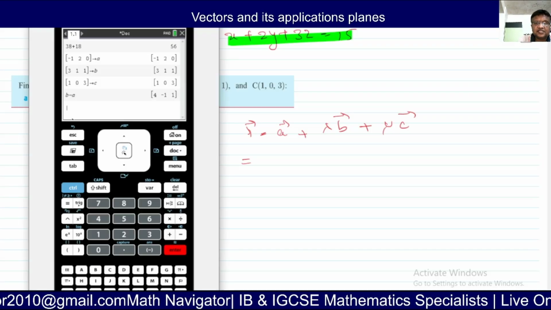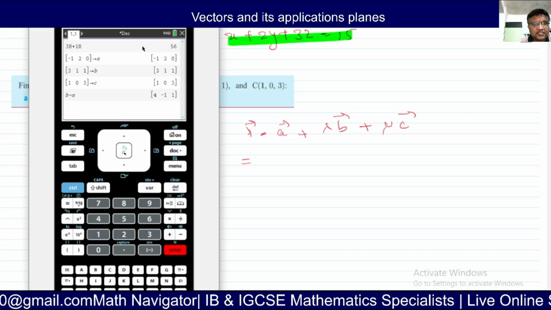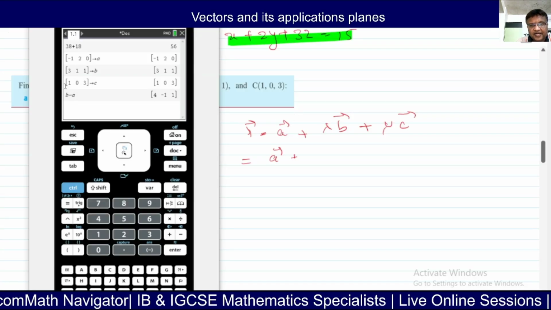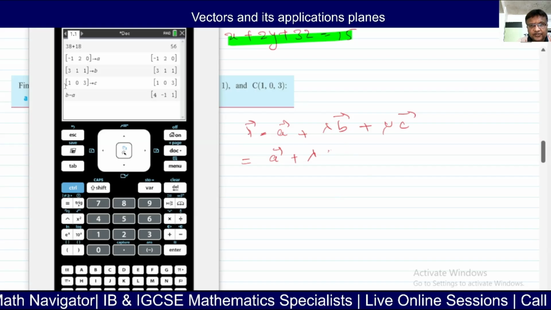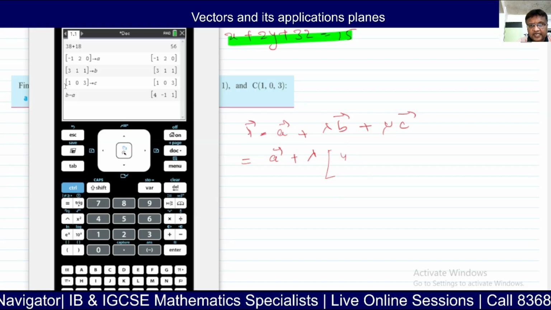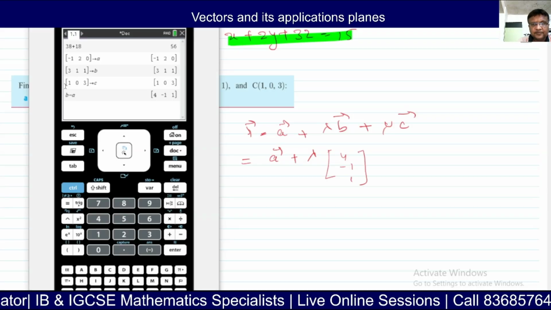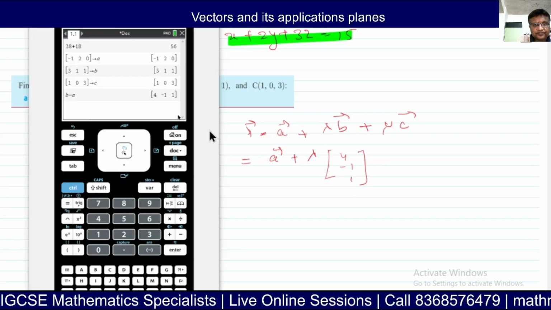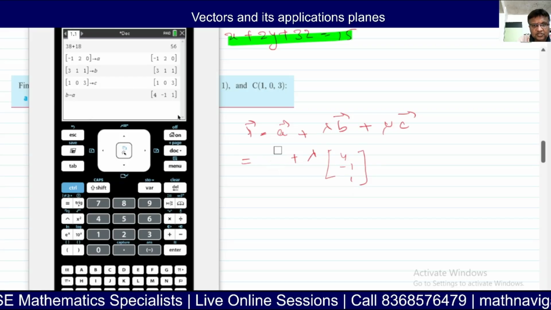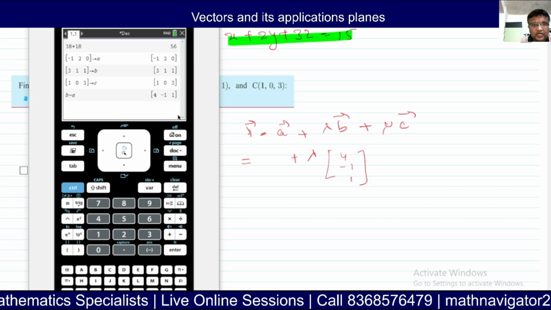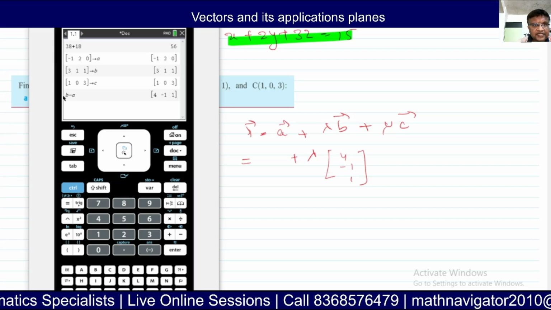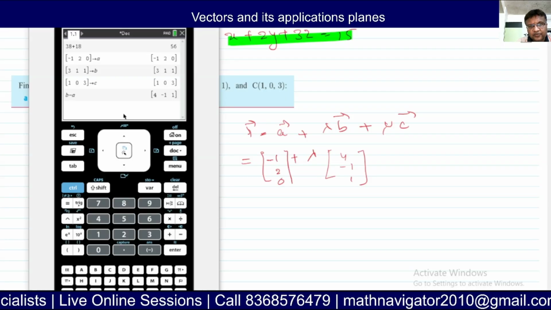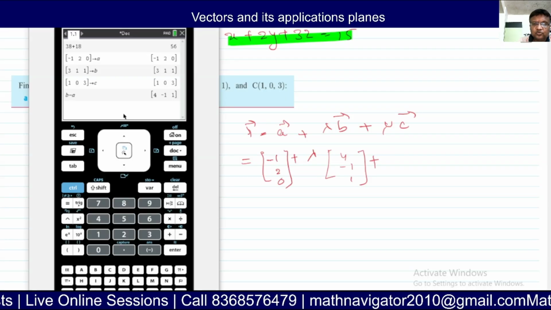So vector A plus lambda times (4, -1, 1), right? I can write vector A as well. Vector A is negative 1, 2, 0. I'll write negative 1 here plus mu times vector C.